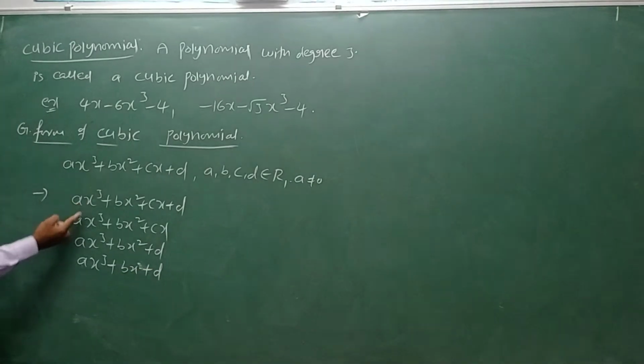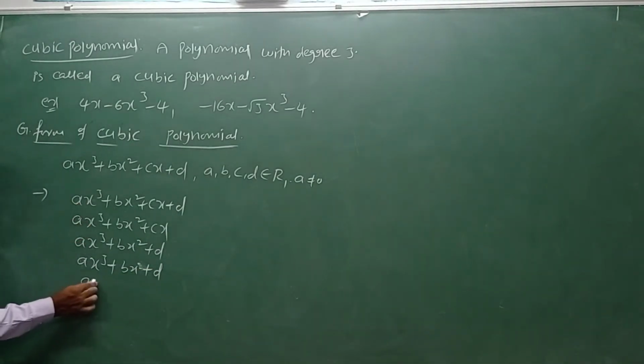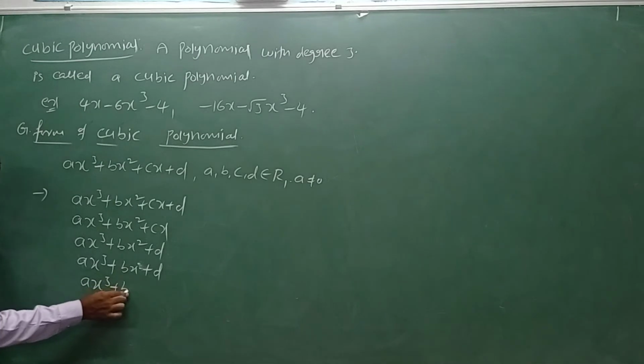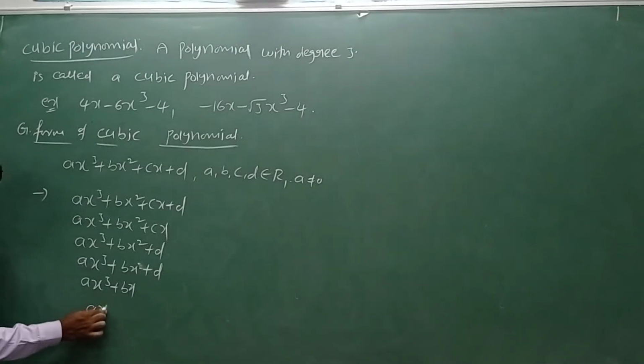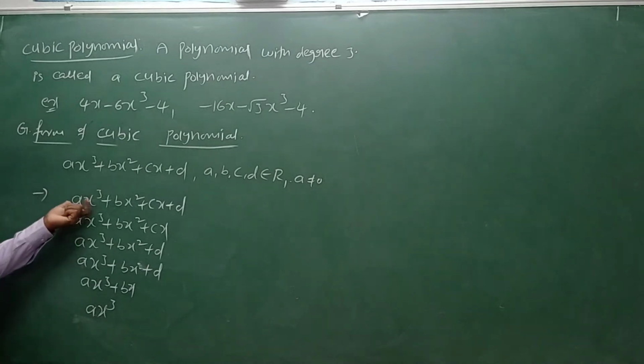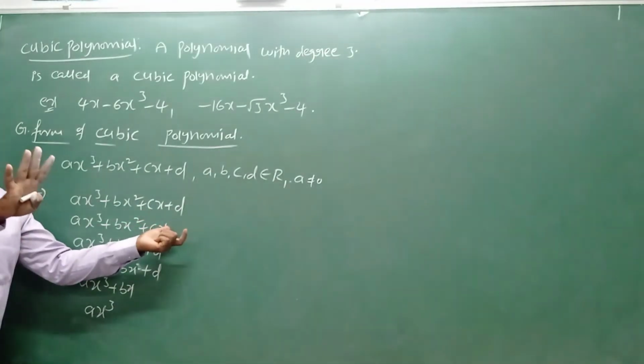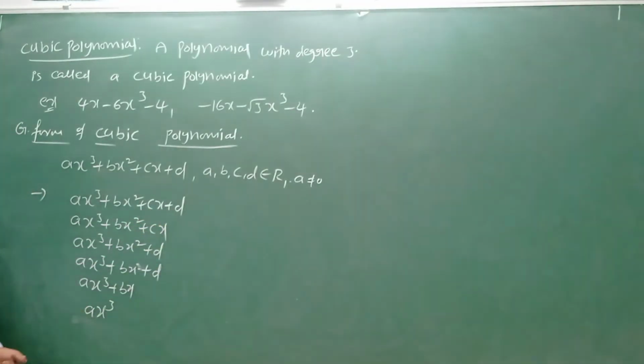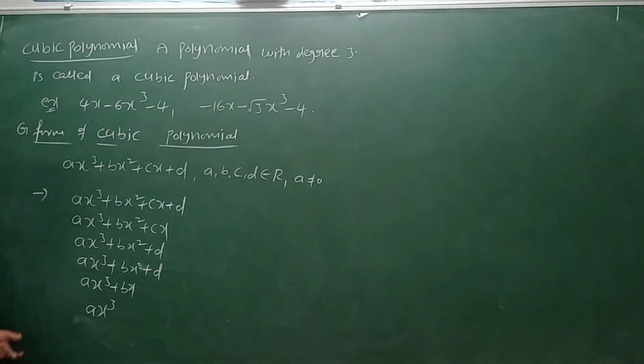It may contain 4 terms, 3 terms, 2 terms, or a single term. So at most a cubic polynomial has 4 terms, and at minimum 1 term.